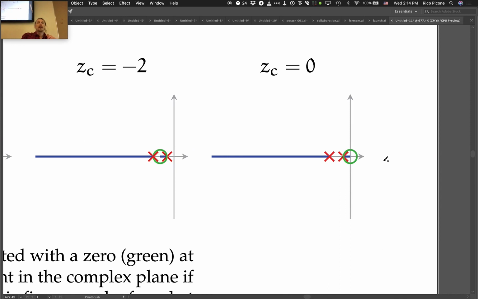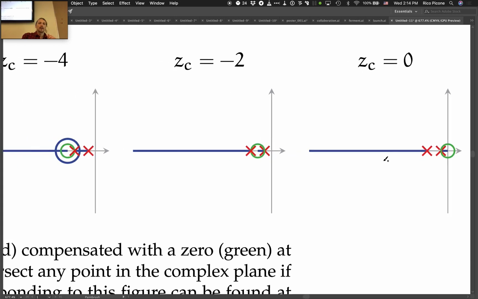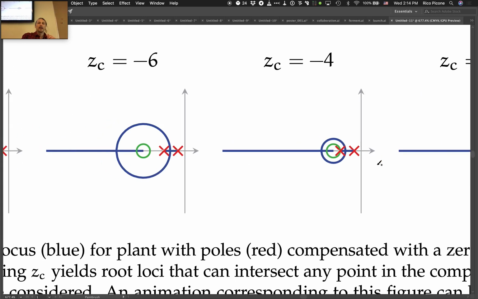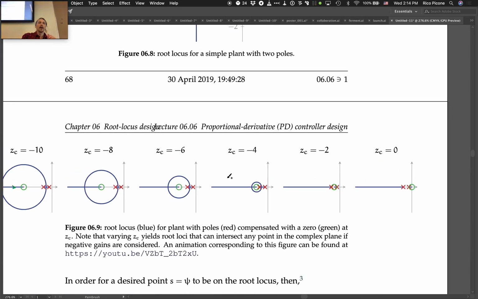So it turns out that we can actually have locus anywhere in the plane that we want. If we choose one point, we can specify that 0 location accordingly to make it go through that location. Okay? So if you include negative gains and positive gains, you can go through any point in the whole complex plane using a 0 compensator, which is awesome.